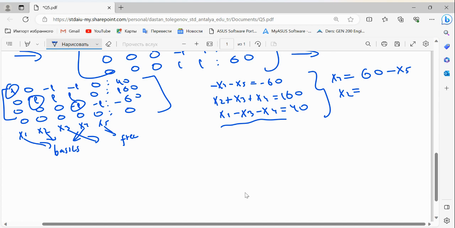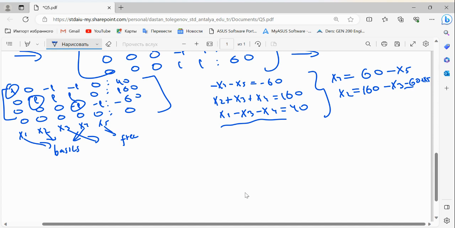So x2 is 160 minus x3 minus 60 minus x5, plus x5, because here it's minus, and when there is a minus, the sign changes when the expression was in brackets.